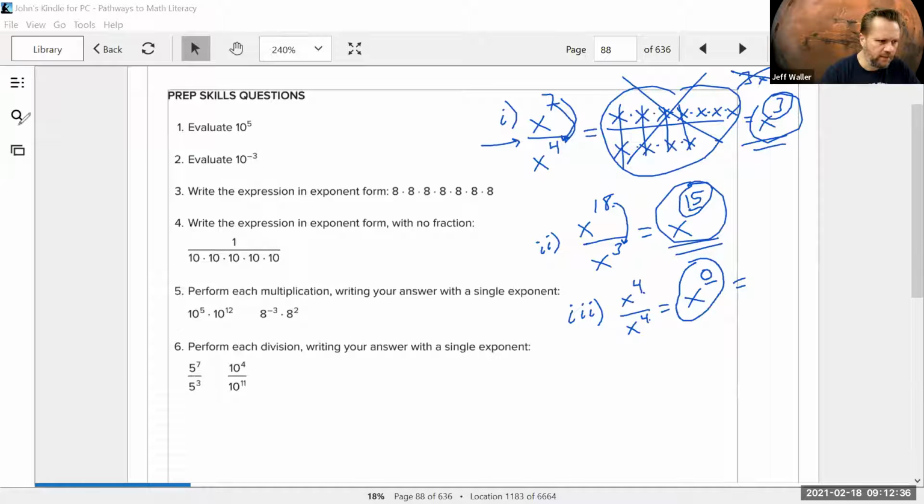Anybody not cool with this result? I don't understand why you would put a 0 there and not just x. Okay, now watch. What's the power understood to be on the x?